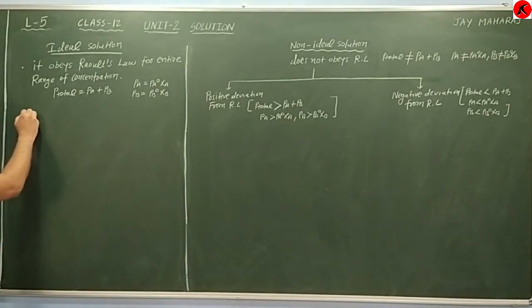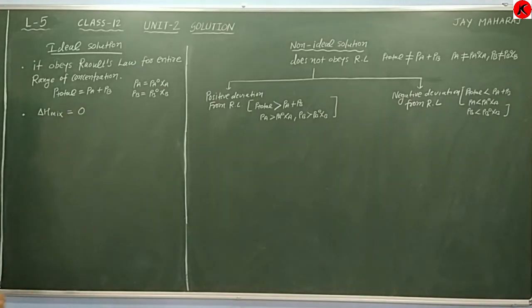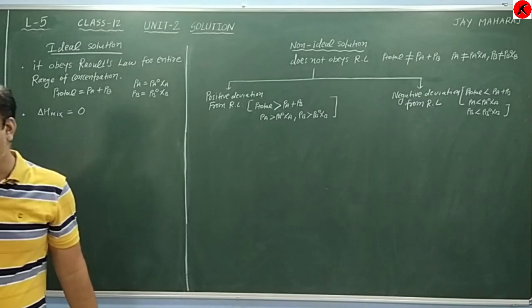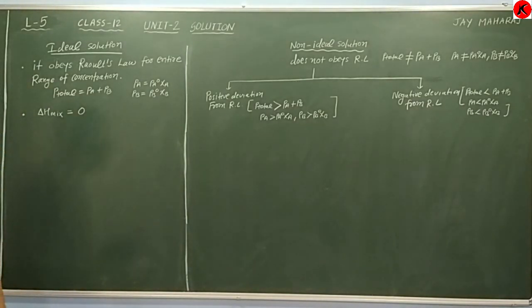Now, second characteristic of ideal solution: delta H mixing equal to 0. Delta H mixing equal to 0 means when solution is formed, solid dissolved in solvent, then there is no evolution or absorption of heat during the formation of solution.